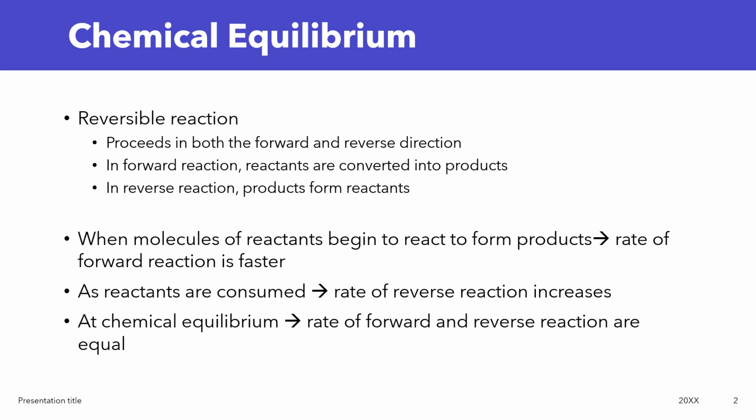At one point though, which is chemical equilibrium, the rate of the forward and the reverse reaction will be equal. So chemical equilibrium is really when the rate of the forward and the reverse reaction are equal.